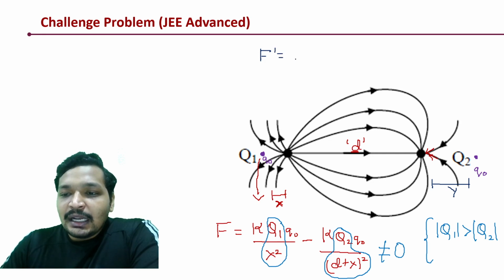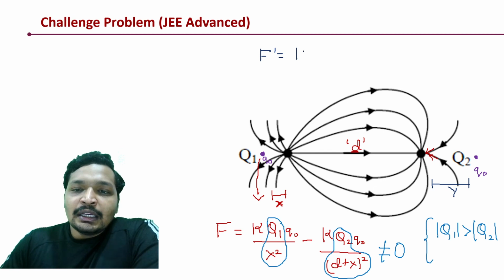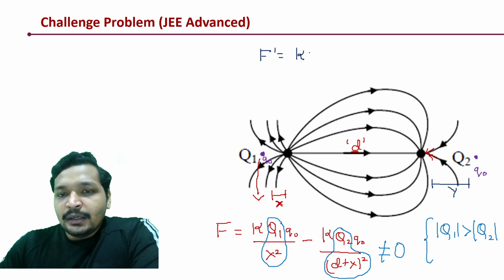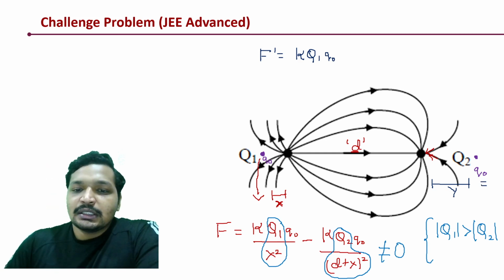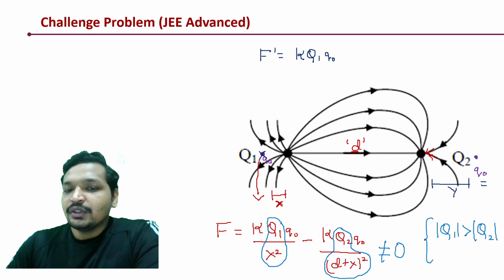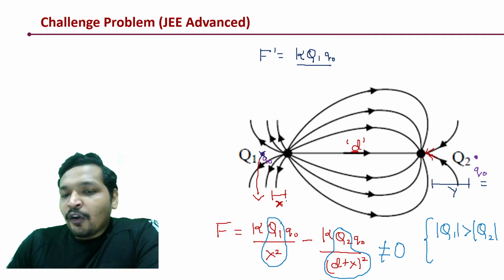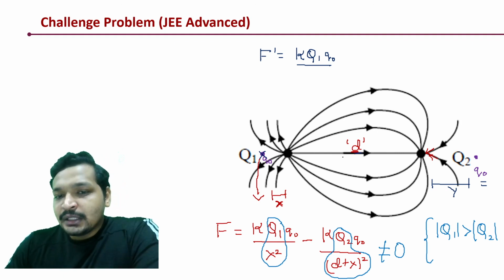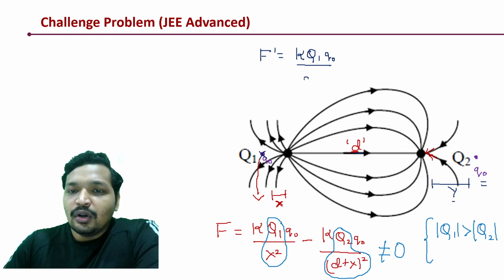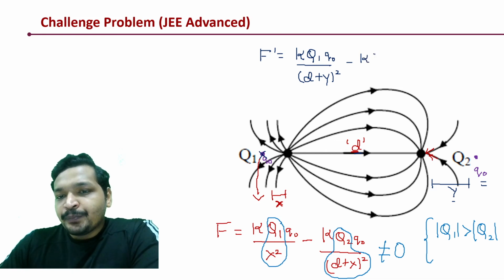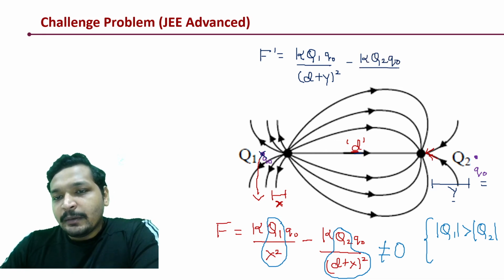That is going to be k into q1 into q0, which is this test charge, divided by d plus y whole square, and then minus k into q2 into q0 divided by y square. Just forget the earlier test charge, we know that case is not valid.